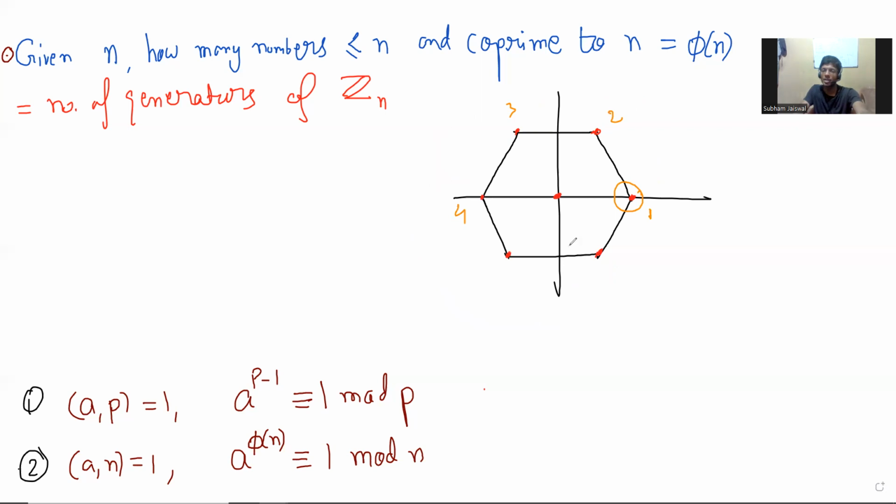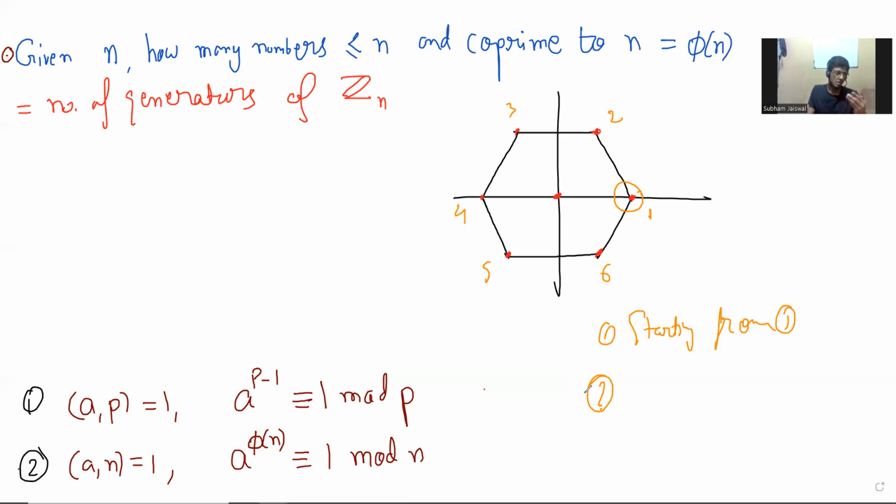So now the question is, we are always starting from 1. That is always given. The question is, how much angle can I jump by? What are the allowed angles by which I can jump so that I can cover every vertex?